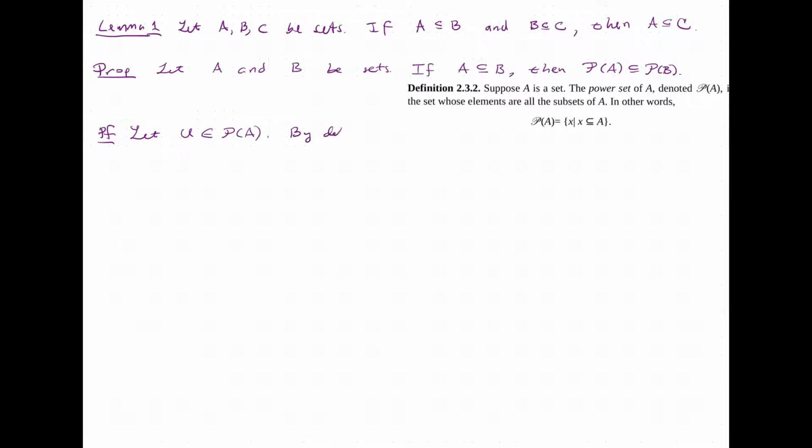So by definition, U is a subset of A. By assumption, we have that A is a subset of B, and so it follows by Lemma 1 that U is a subset of B. And now we use the definition of what it means to be a subset.